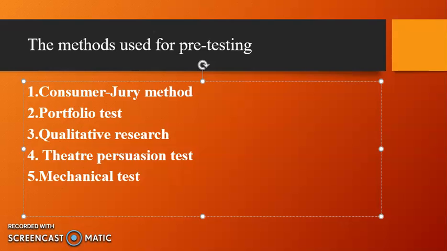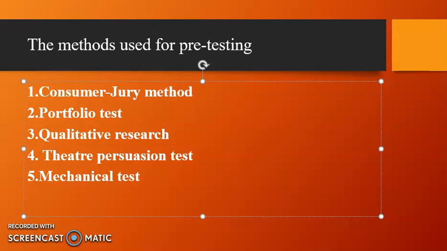The second one is the portfolio test. In this method, a group of customers are given advertisement copies, or portfolios, simultaneously, and they're asked whether they can remember the ads, whether those ads are striking in their minds.